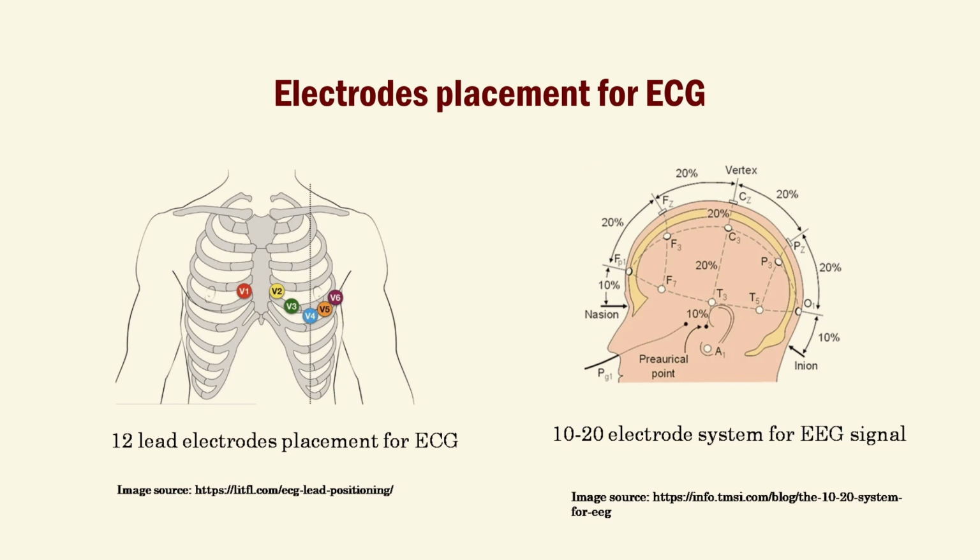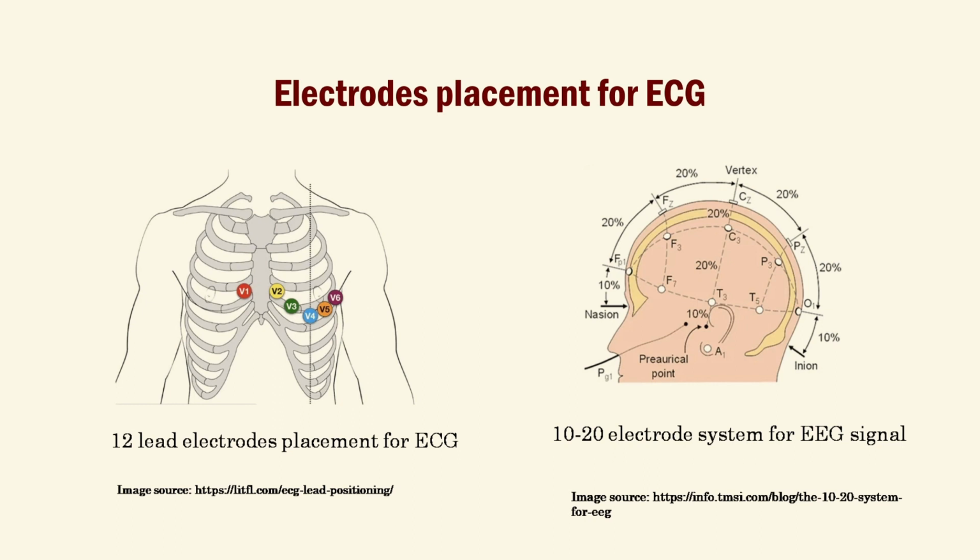The numbers 10 and 20 refer to the distance between adjacent electrodes, which are either 10% or 20% of the total distance from front to back or right to left of the skull.